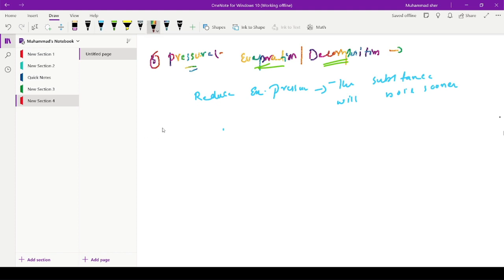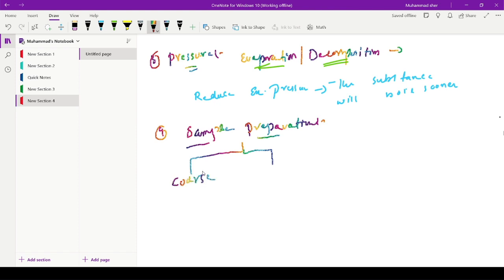The fourth factor is sample preparation. We can prepare the sample in two ways. The very first one, we can prepare it in coarse mixture form, or we can prepare it in powder form, or we can say fine powder form.